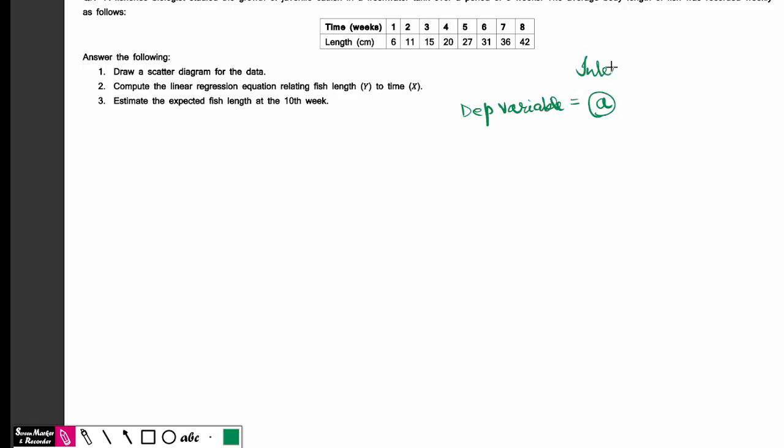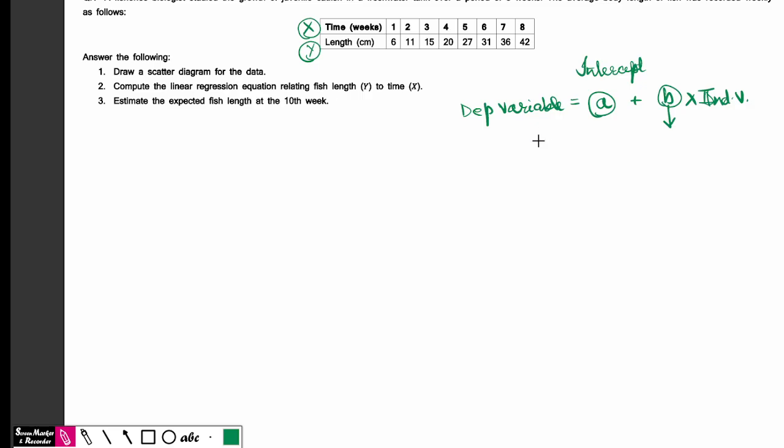It is the intercept of the graph, plus b. This b is the regression coefficient, multiplied by the independent variable. So the independent variable here is the week, that is, let us assume it to be x, and here it is y, which is the dependent variable. Why? Because week is not depending upon the body size, but body size is definitely depending upon the week.